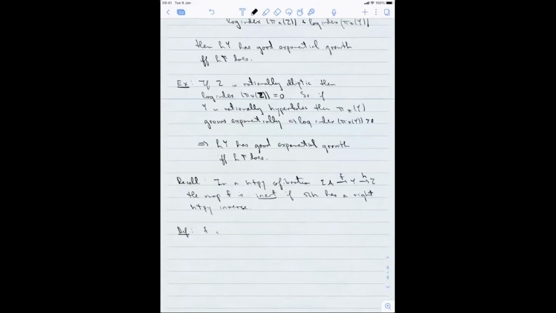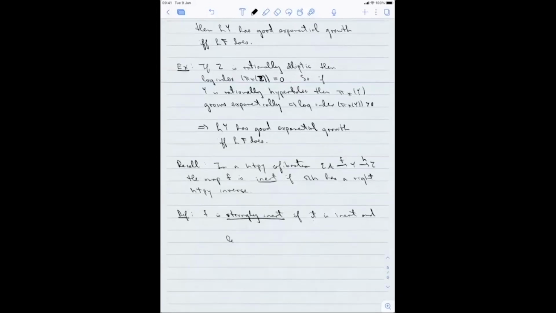And we'll make a slightly stronger definition. We'll say that F is strongly inert if it is inert and when you compare the log indices of Y and Z, you get strict inequality.